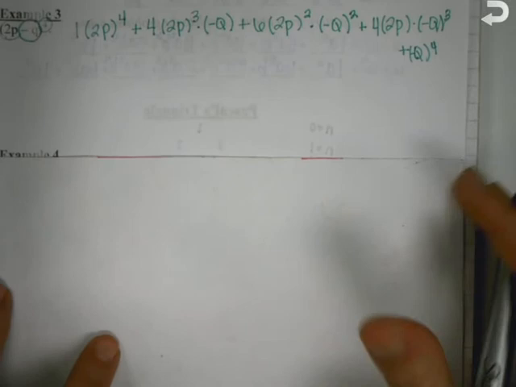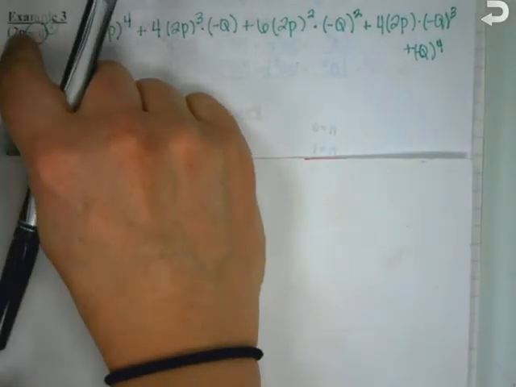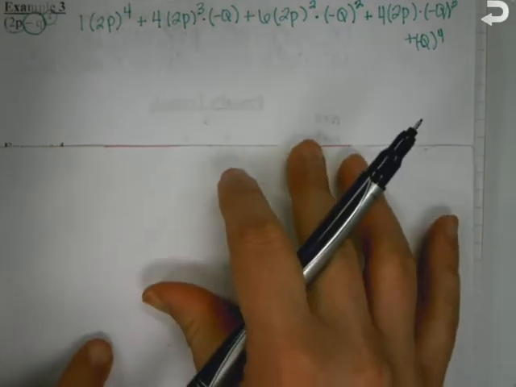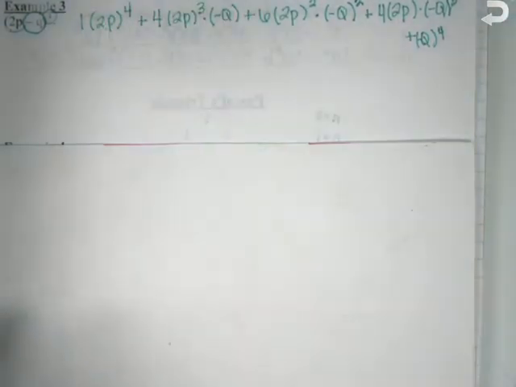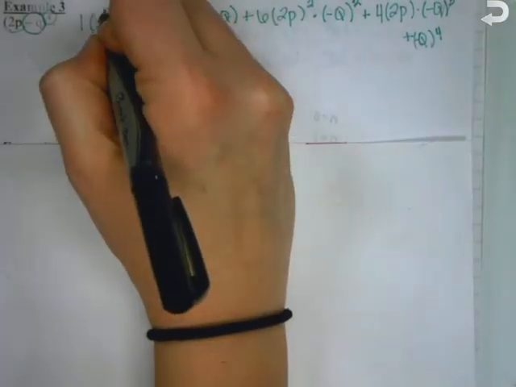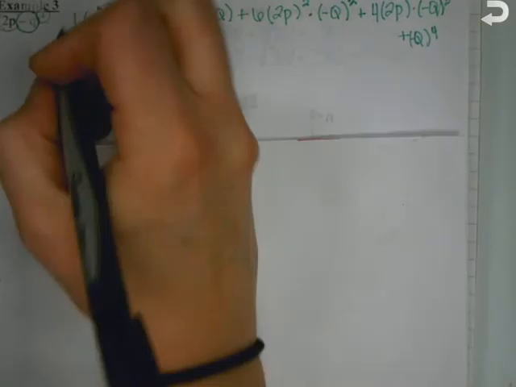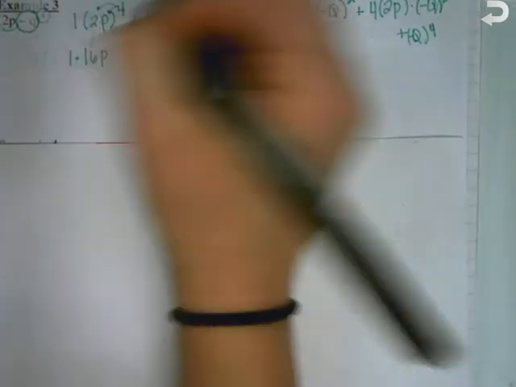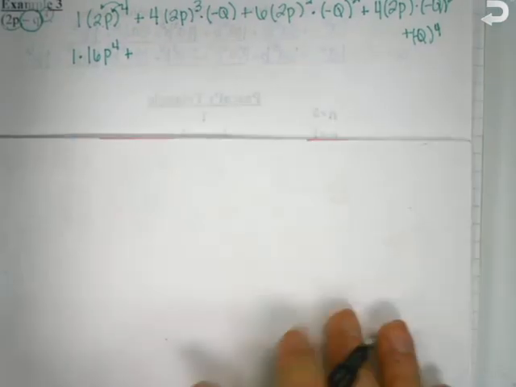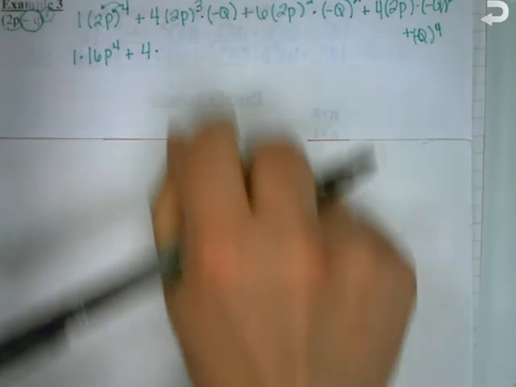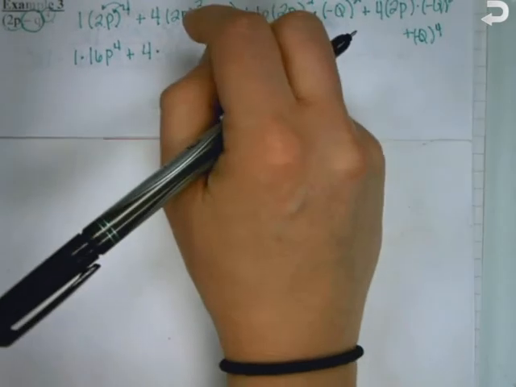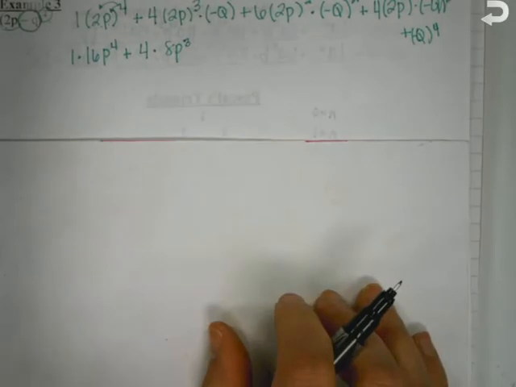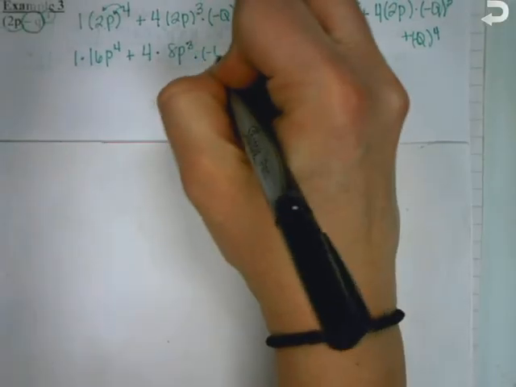So it's going to be 1 times, what's 2 to the 4th? 16, p to the 4th, plus 4 times 2 to the 3rd is 8, p to the 3rd, times negative q, plus 6 times 2 to the 2nd is 4, p to the 2nd, times, what's negative q squared?